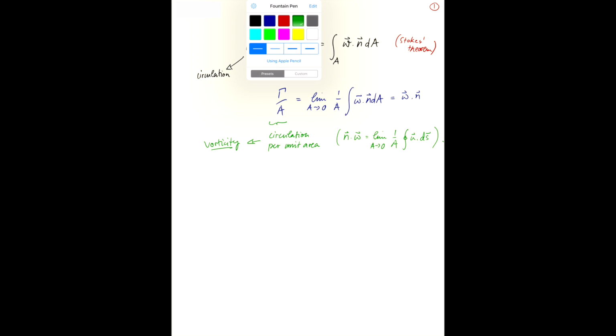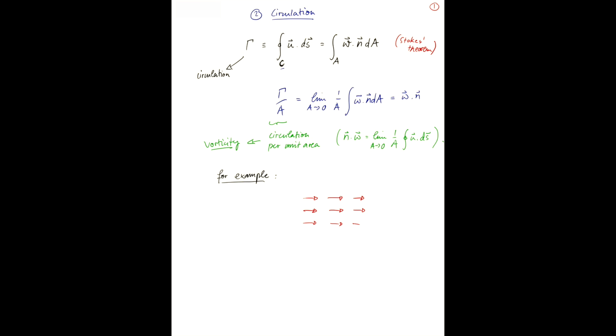So, for example, consider a flow field that's uniformly in one direction. So this is u. And now we consider some closed loop around it. Let's say we'll go counterclockwise around here. And now we can piecewise do the integral u dot ds.